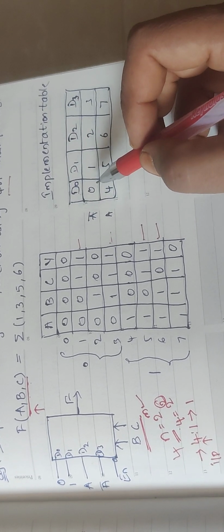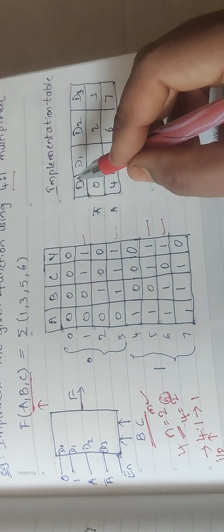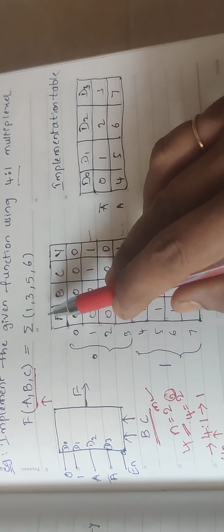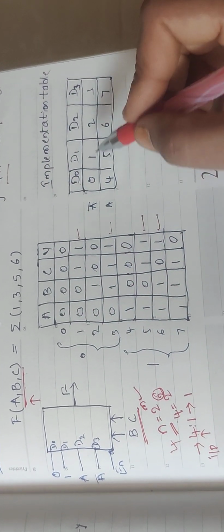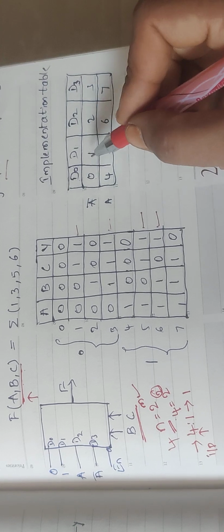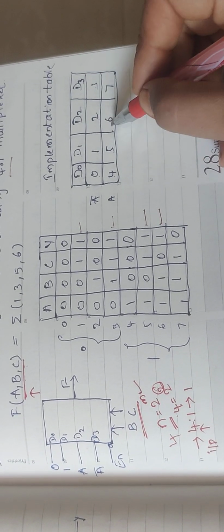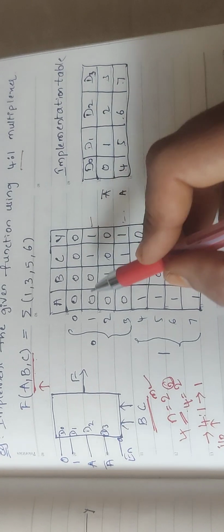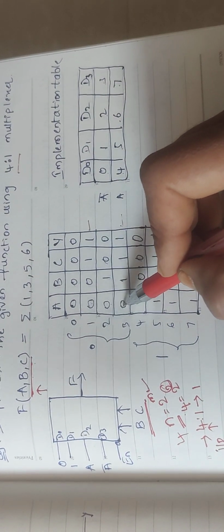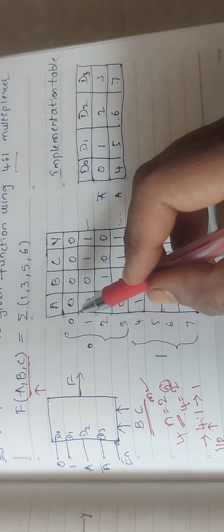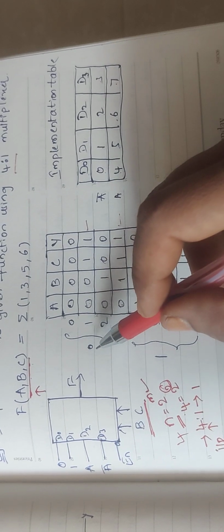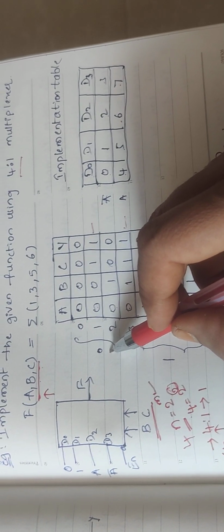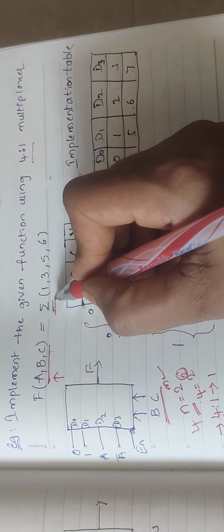Now for these 4 input lines the decimal numbers we need to put in the table, that is 0 1 2 3 4 5 6 and the 7, and according to this table the value of a for the first 4 rows will be 0, and the equation is in the SOP form.